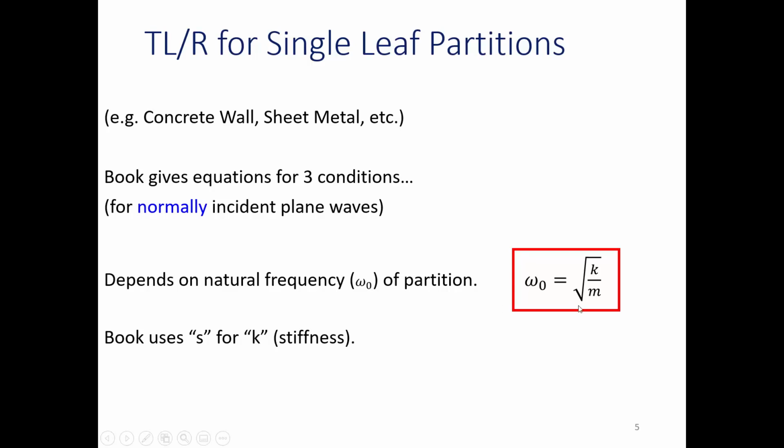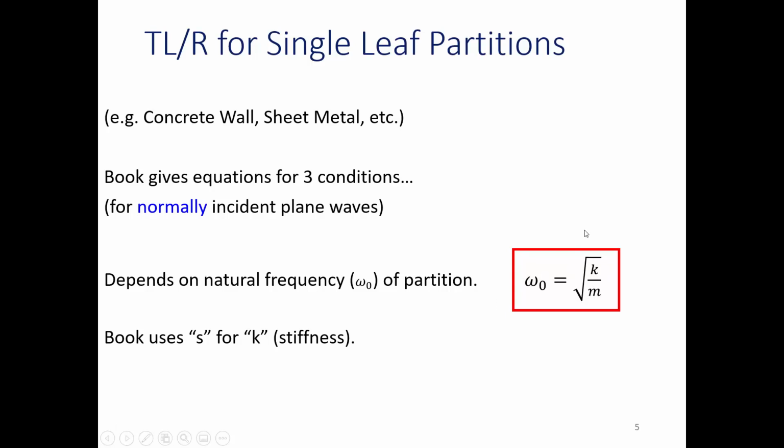As you should be familiar from vibrations, or I think we talk about this in measurements, there's probably a number of times where you have seen this equation throughout your engineering careers by now. The equation for that is the square root of the stiffness over the mass.